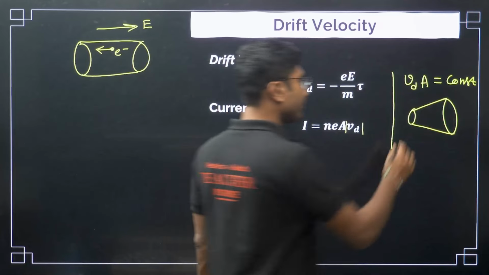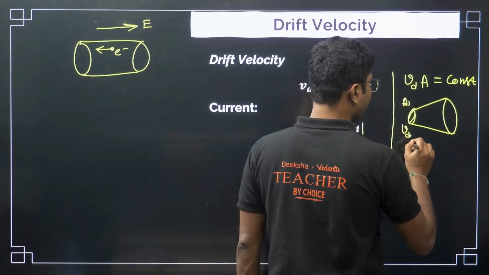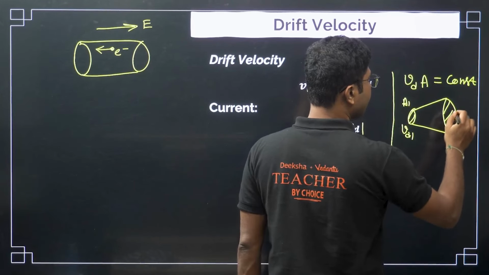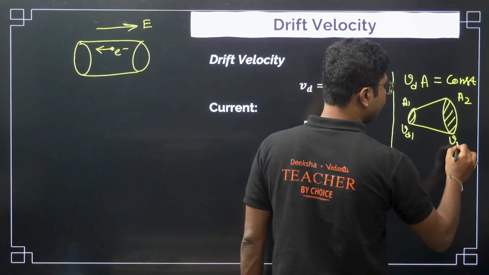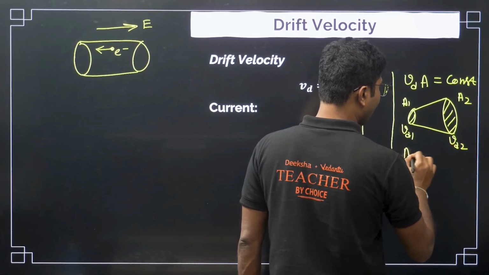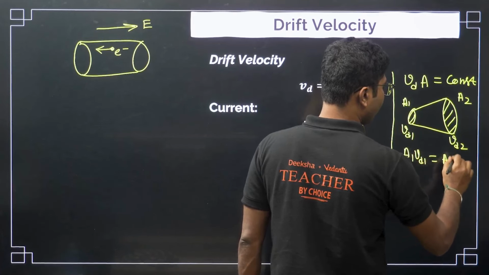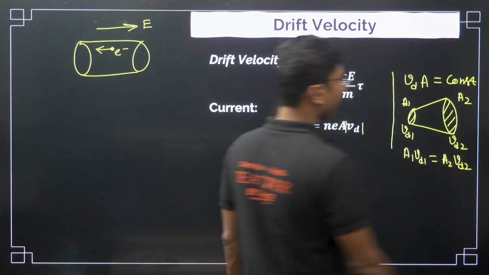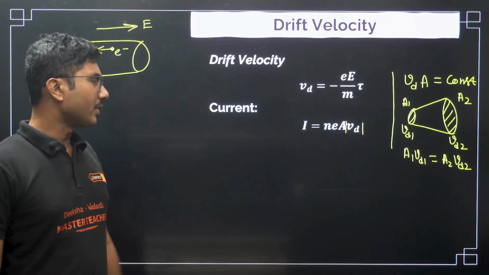The cross section of this side is A1, drift velocity is Vd1. Suppose the area of this side is A2 and drift velocity is Vd2, then A1 Vd1 will equal A2 Vd2. This is one more important property of drift velocity.